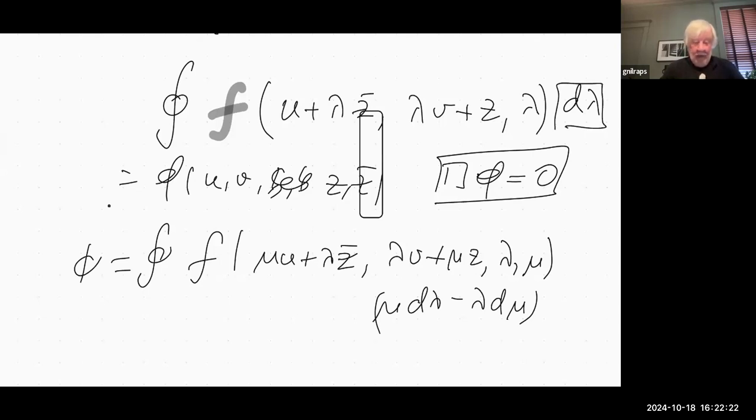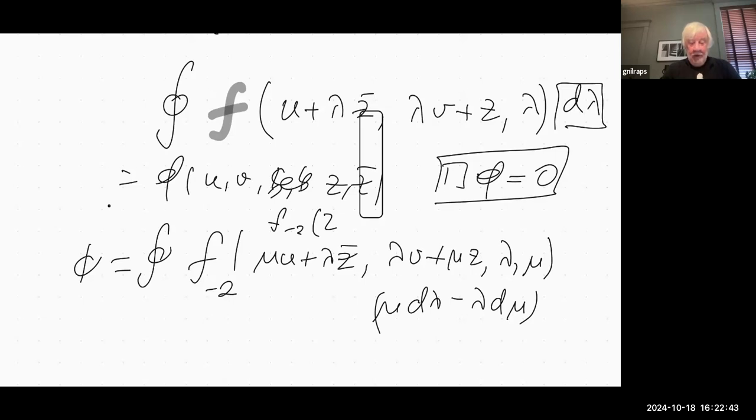And now, in order for this to make sense, this function must be homogeneous of degree -2 in lambda and mu, or in the twistor. So you think of this as a function of degree -2 of the twistor Z, these being the 4 components of the twistor.